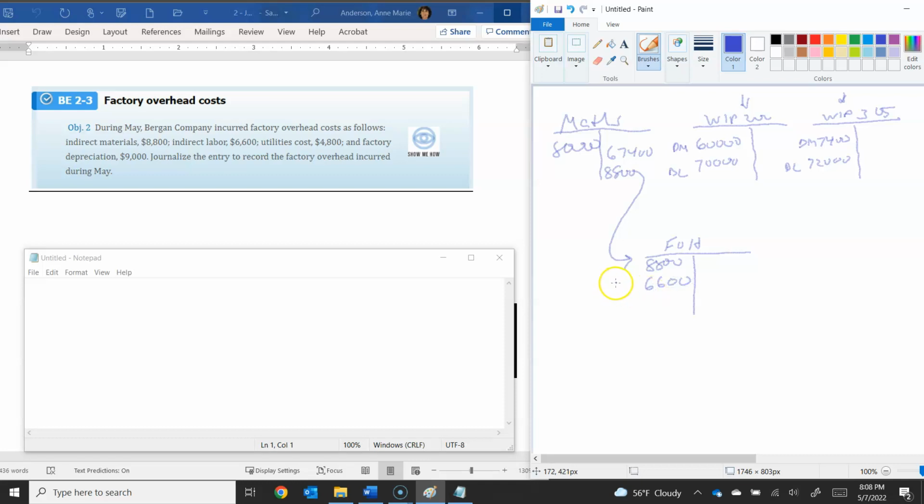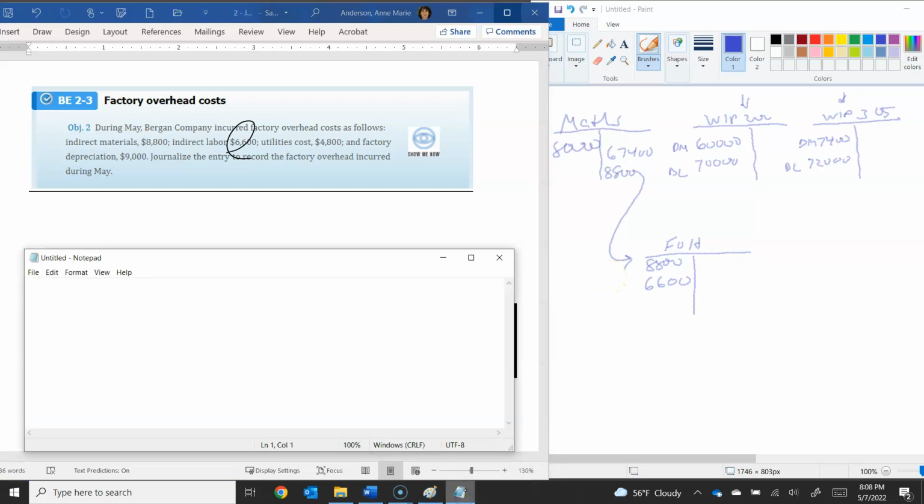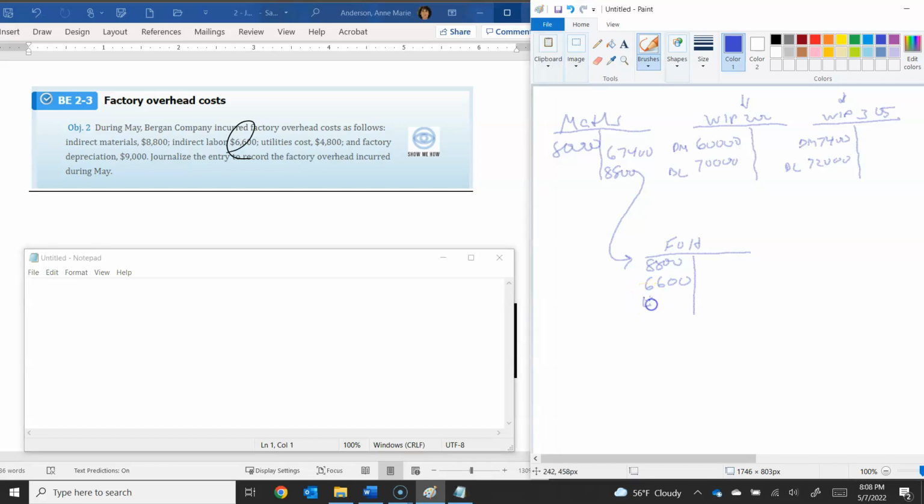That's going to be your indirect labor, $6,600 there. Okay. Utilities, cost of $4,800, because electricity is servicing everyone. And factory depreciation of 9,000. So it's really, like I said, a giant bucket of costs.